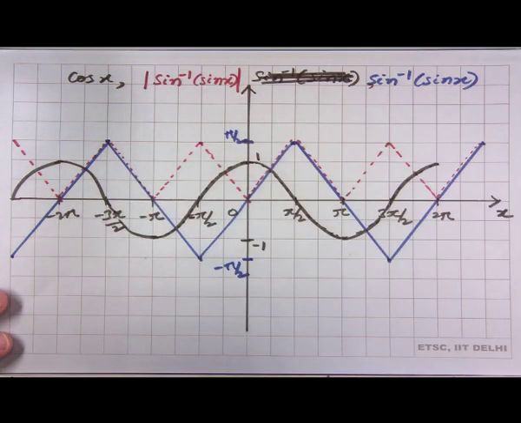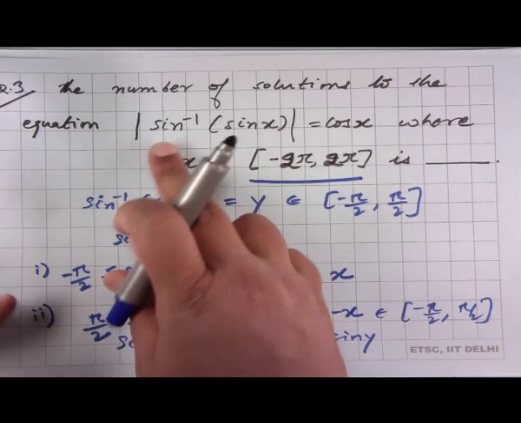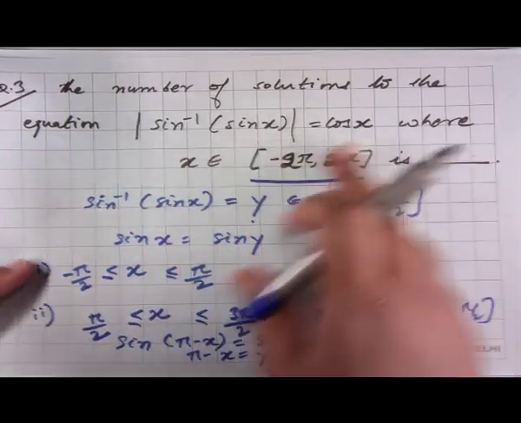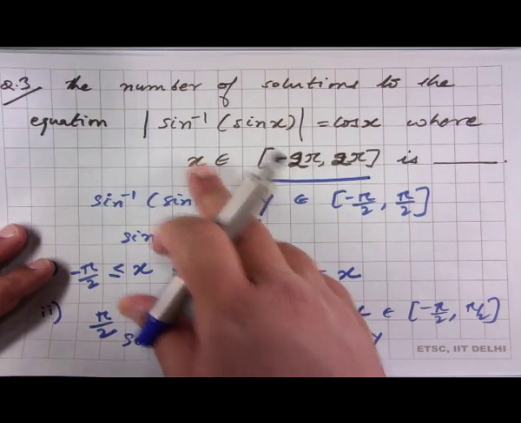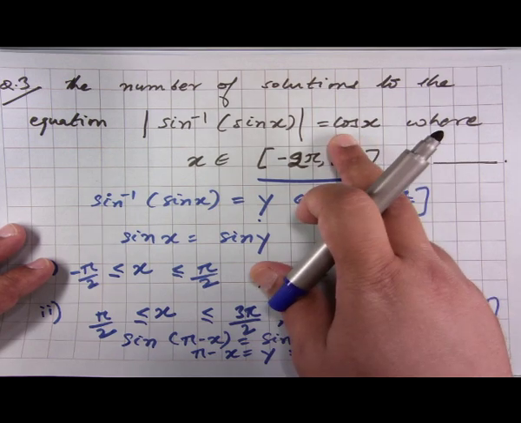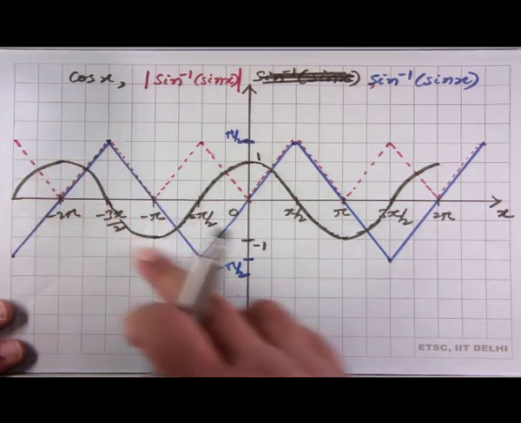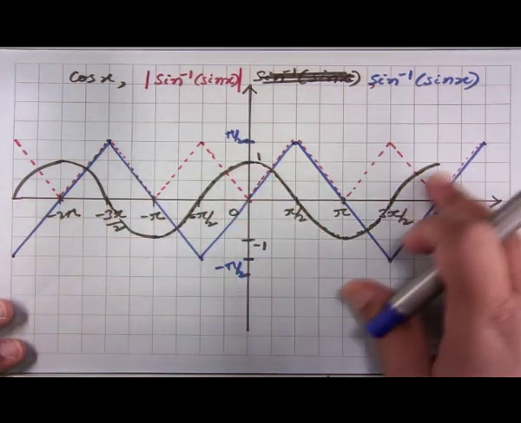And then since we had to find the number of solutions, or number of distinct points x, such that mod of sine inverse sine x is equal to cos x, we have to also plot the graph for cos x. So in black, this black curve here is for cos of x.